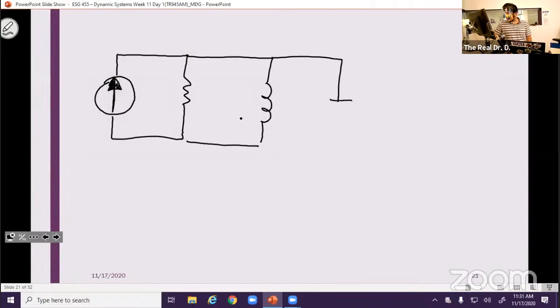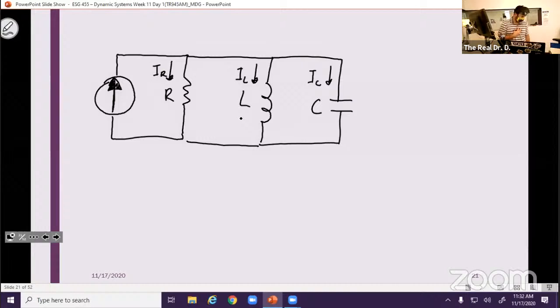All right, here's a diagram. Yes, that is a current input.